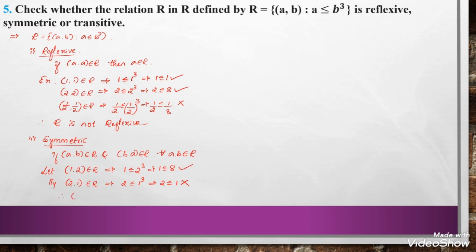Therefore, (1, 2) belongs to R, but (2, 1) does not belong to R. Therefore, R is not symmetric.